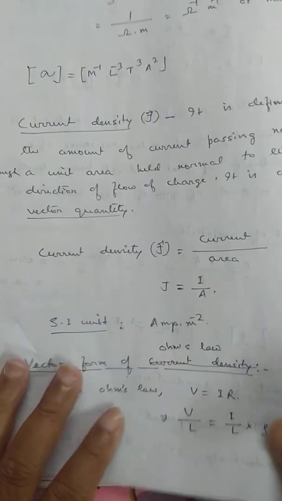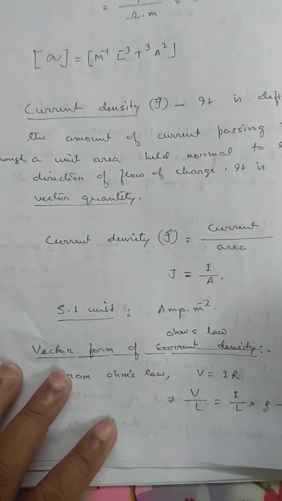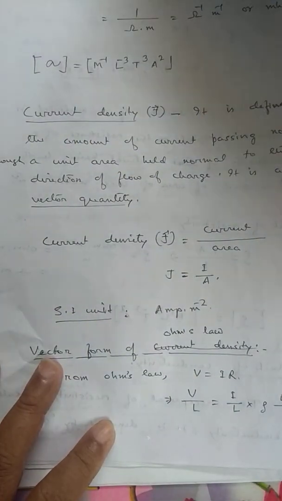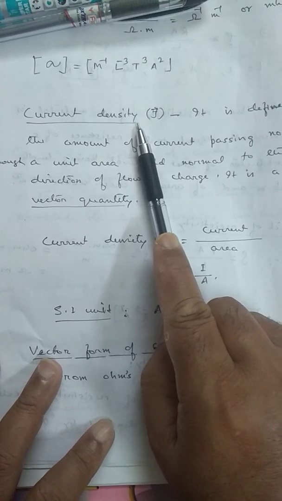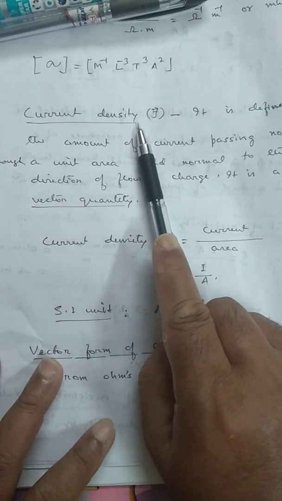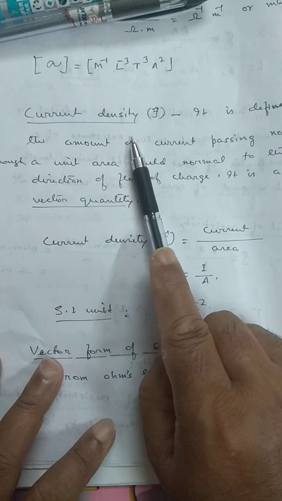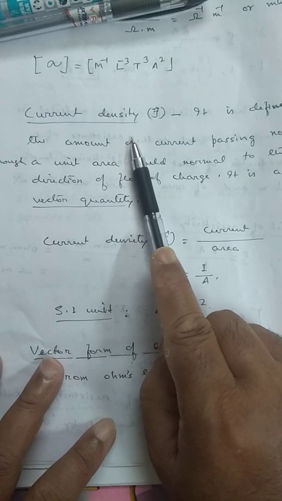We know that electric current is a scalar quantity. Therefore, here we try to discuss a vector quantity called current density. Electric current is scalar, but current density is a vector quantity. What is current density?